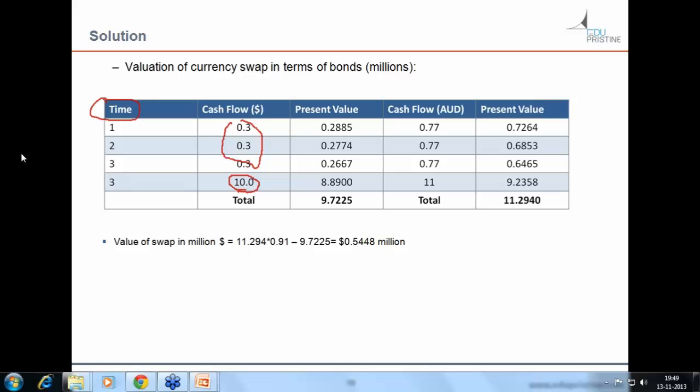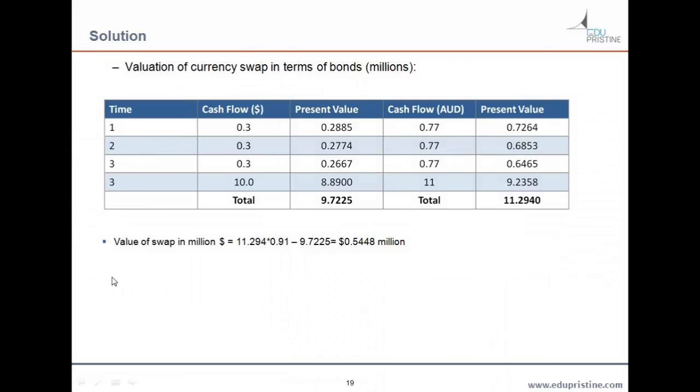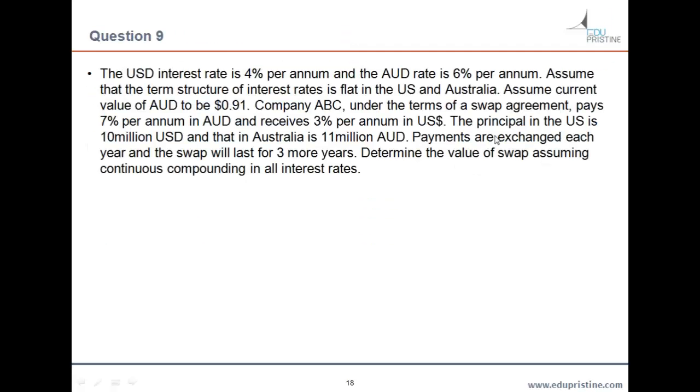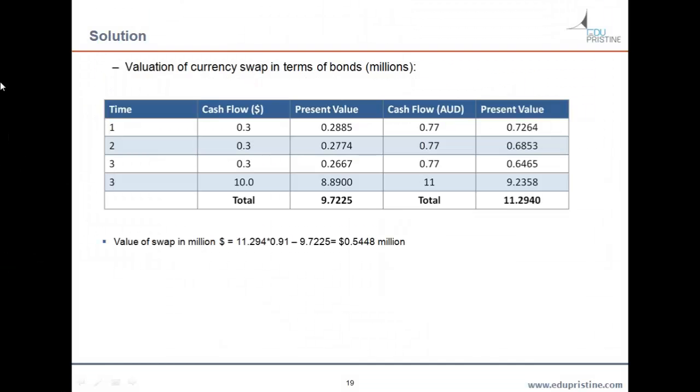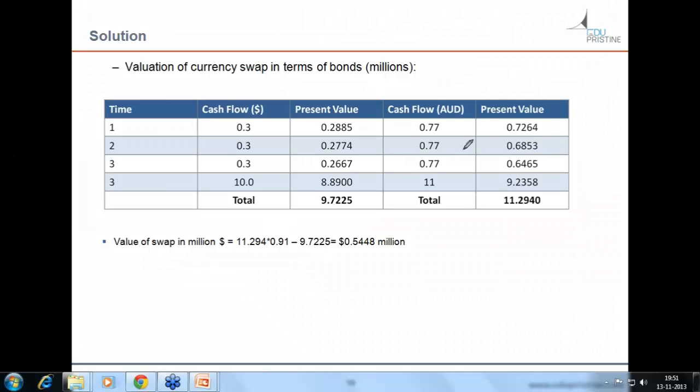If you see that the interest rates were given to us in the example, I'll just open that slide for you and you'll understand what the interest rates were. See, the USD interest rate is 4% per annum, and the Australian dollar interest rate is 6%, and we convert it into continuous compounding and we get the discounted cash flows. It's very simple. You convert into discounted cash flows.